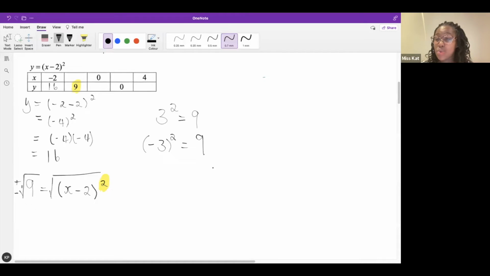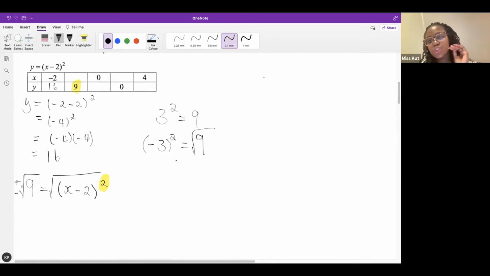Do you guys understand why I'm saying plus or minus? There are 2 possible solutions for square rooting 9. You can get 9 by squaring 2 different numbers. Because 3 squared is 9, but so is negative 3 squared.